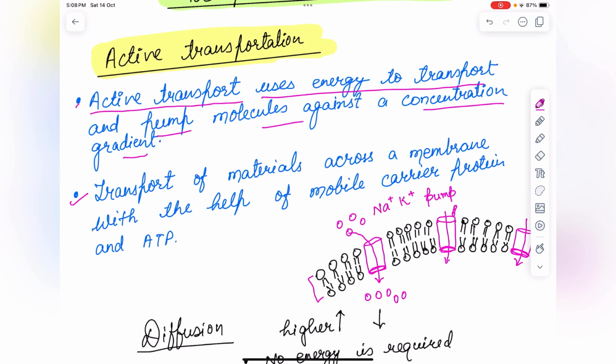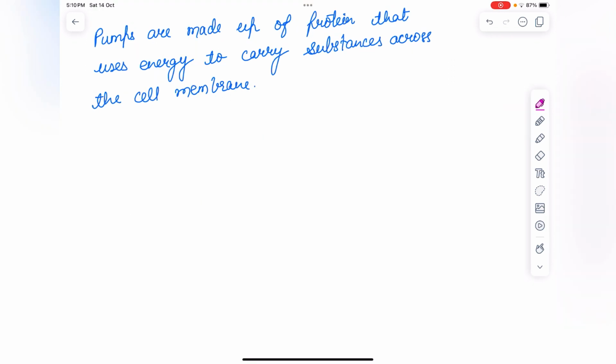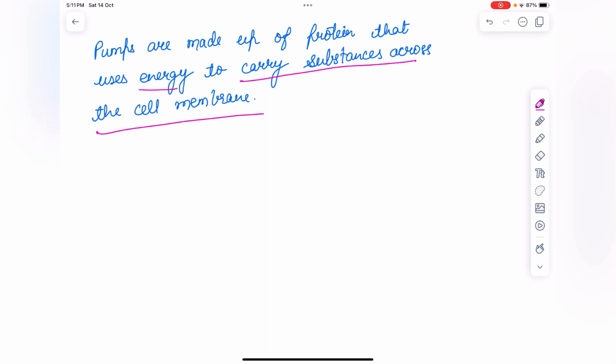And active transportation is sensitive to temperature and inhibitors. Next, the pumps are made up of proteins that use energy to carry substances across the membrane.